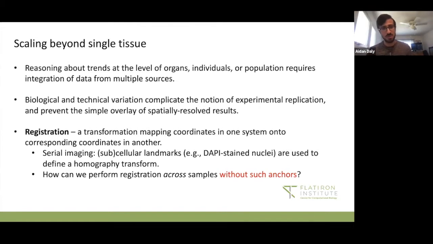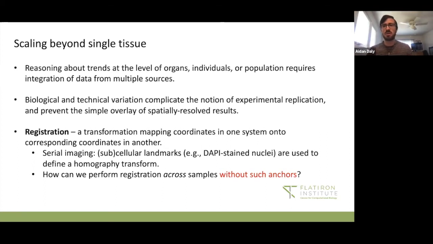Registration in this context is a transformation that maps coordinates in one system, say one tissue, onto corresponding coordinates in another system, another tissue. If we're looking at serial imaging, where we're looking at the same tissue imaged in multiple rounds, as we might with fish, then to make one cohesive picture of all these serial images together, we can use subcellular landmarks like DAPI stained nuclei as key points to anchor ourselves between rounds.